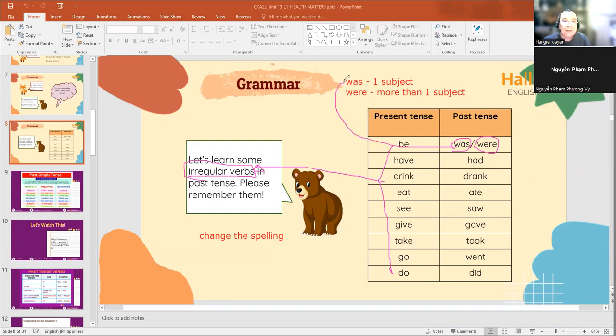If we're talking of one subject. Now, when do we use were? If we're talking of more than one subject. Again, let me ask you a question. When do we use was?